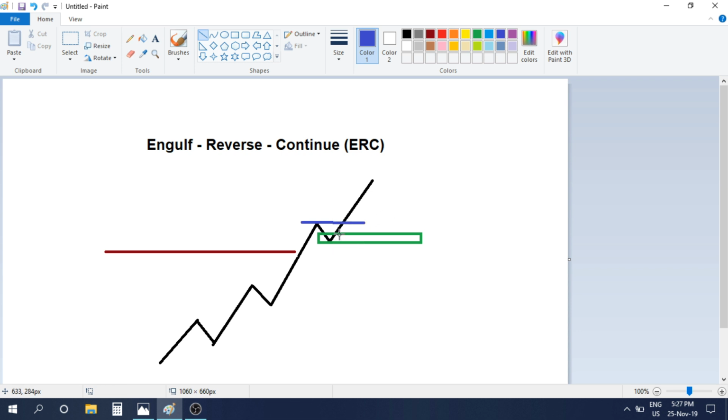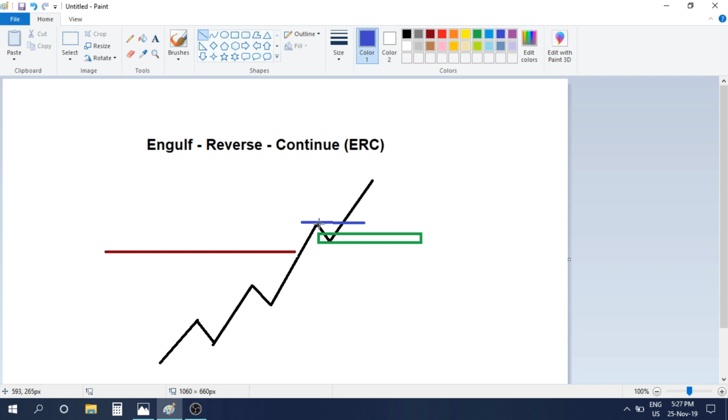So only once price continued in the same direction, the third step. First step is engulf the first important barrier. Second step is reverse, right? And then third step is continue in the same direction. And this continue in the same direction should also cross or engulf this high that was created just before the reverse step happened.